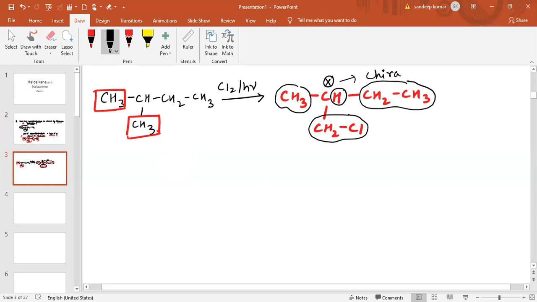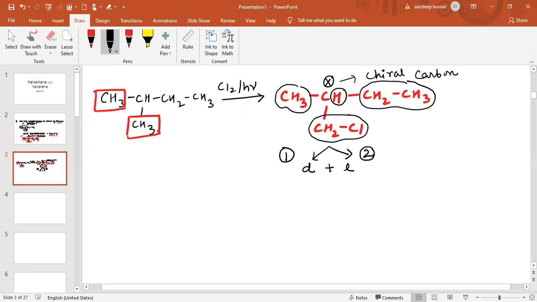And we know in case of chiral carbon, two types of products are formed. One is dextro and one is levo. So how many products are obtained? By monochlorination of this hydrogen, two products are obtained. One is dextro and one is levo.